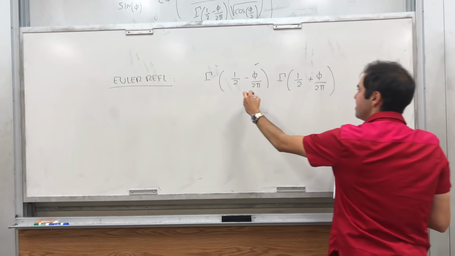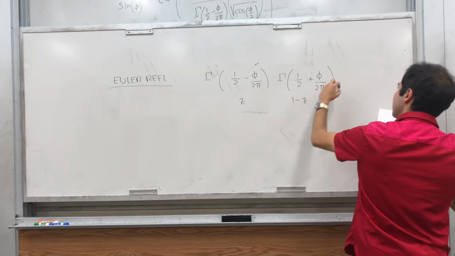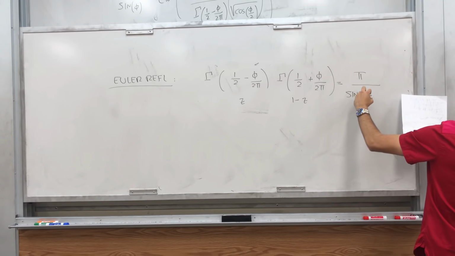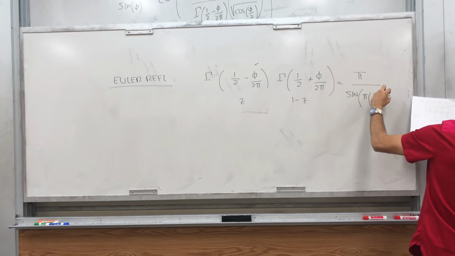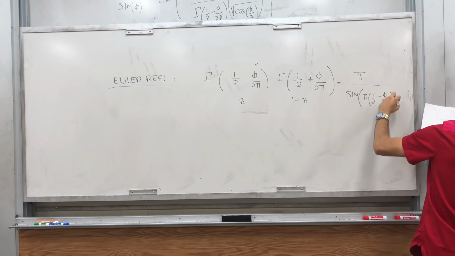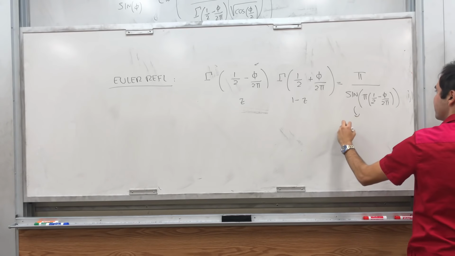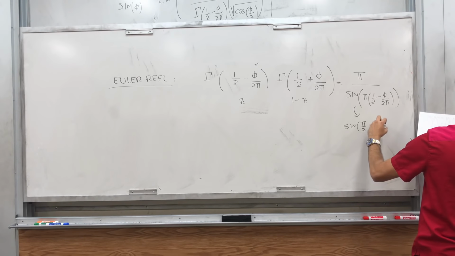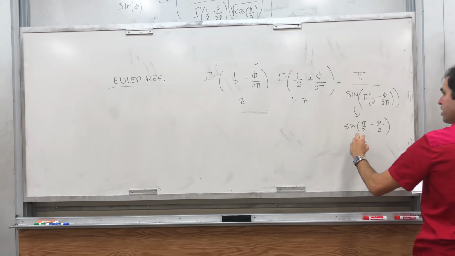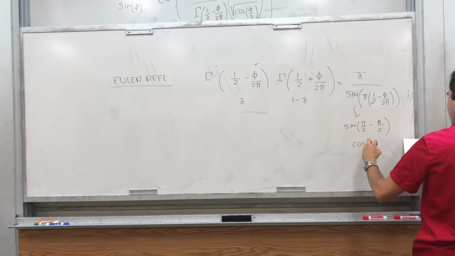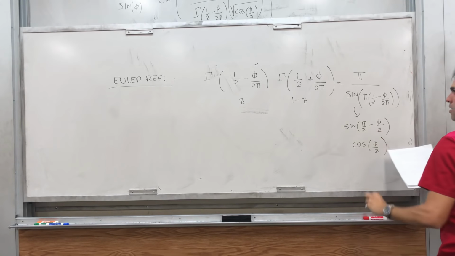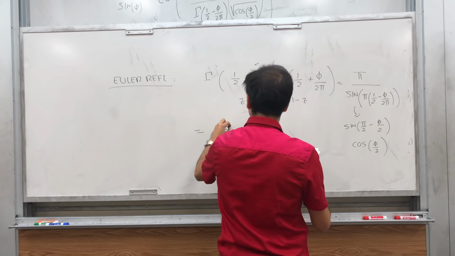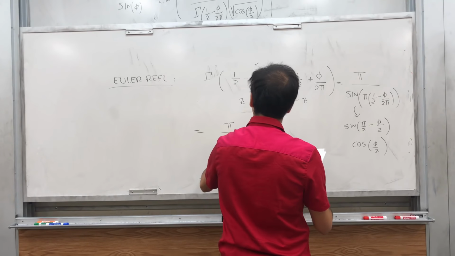So if this is z, this is 1 minus z, that equals pi over sine of pi times 1/2 minus phi over 2 pi. This bottom, it's sine of pi over 2 minus phi over 2. And this is really cosine of phi over 2. So if you multiply those things, you get precisely this factor here. So pi over cosine of phi over 2.